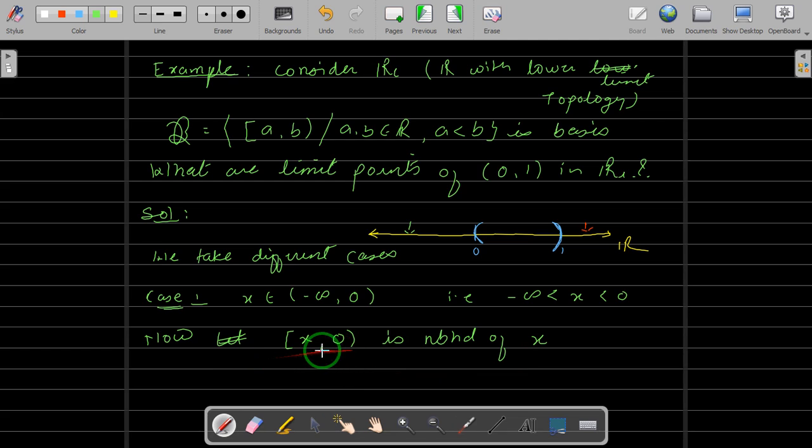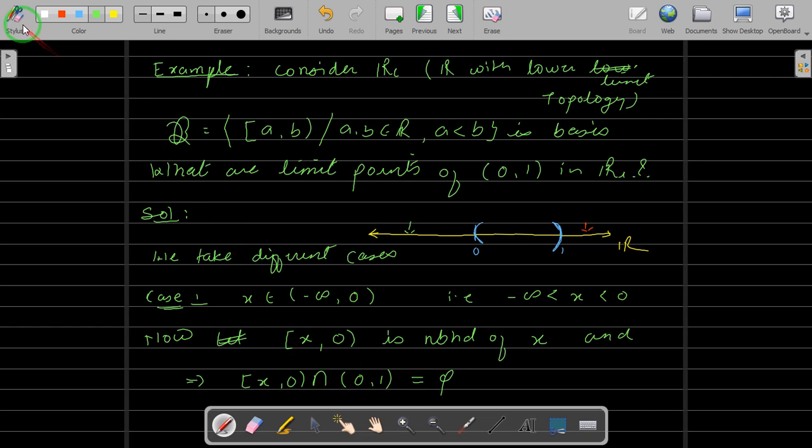So this is a neighborhood of x, and it goes up to 0 but does not contain 0. This implies the intersection of [x, 0) with the open interval (0, 1) is empty, because here you are coming up to 0, here we are starting from 0, and in both of them 0 is not there, so the intersection is empty.